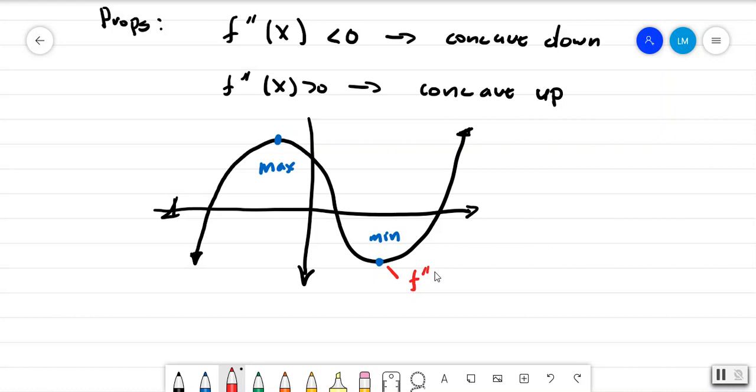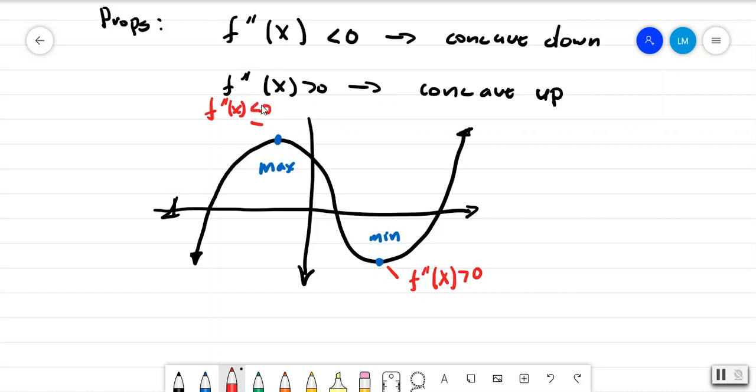This second derivative is positive because it's concave up. So that means that we have a min when the second derivative is positive. But we have a max over here, but look at the curvature. That is going to be less than 0.